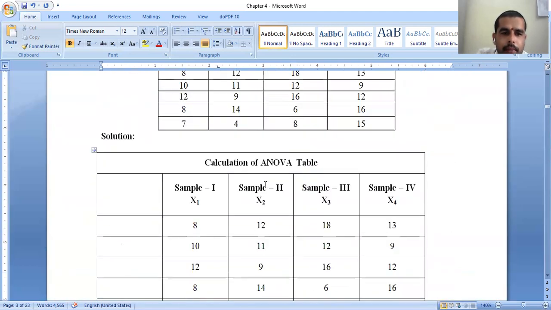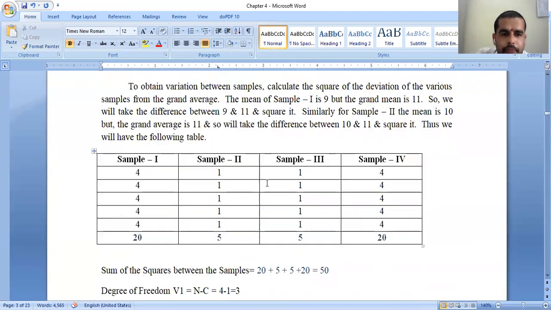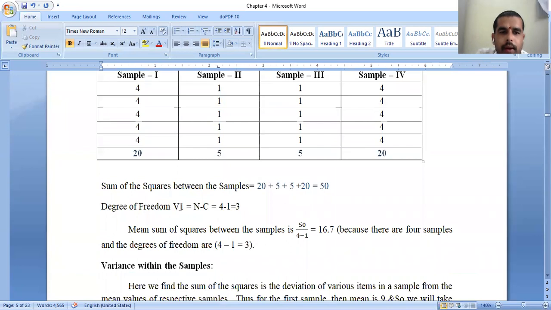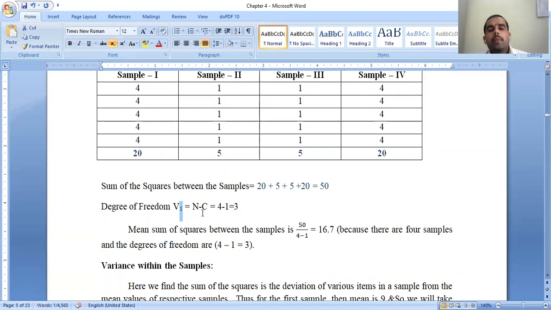Degrees of freedom, you observe carefully, V1 is equal to N minus C. N stands for how many samples are there here? 4 samples are there.